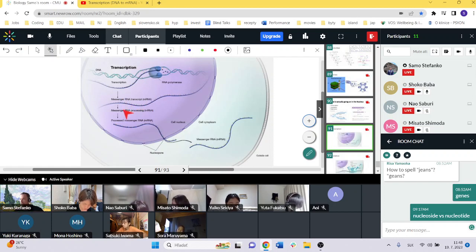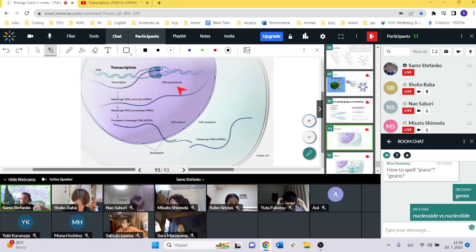DNA cannot be located anywhere else except mitochondria, so DNA is only in our nucleus.